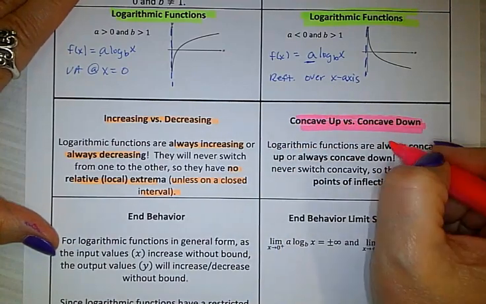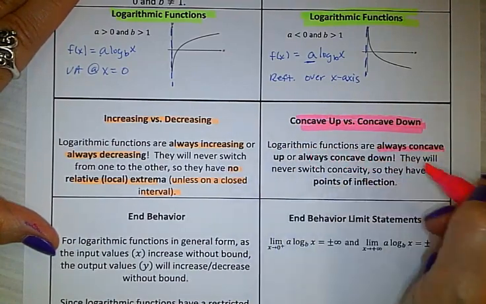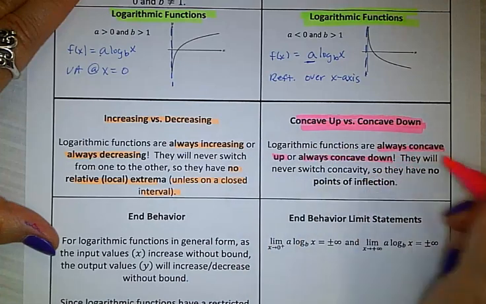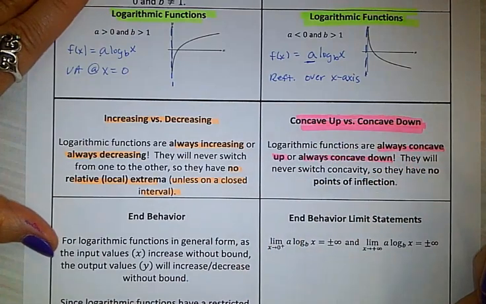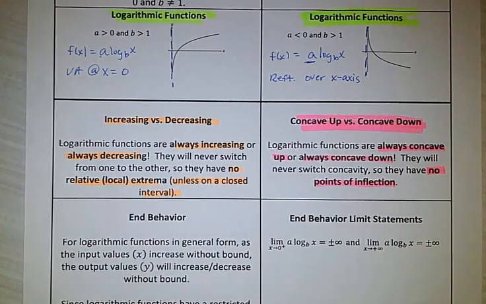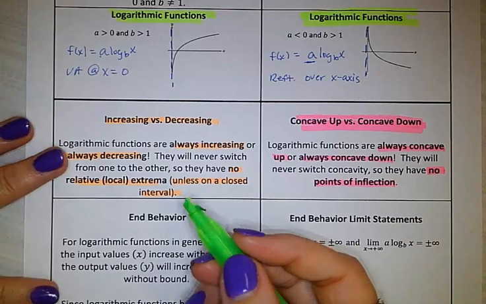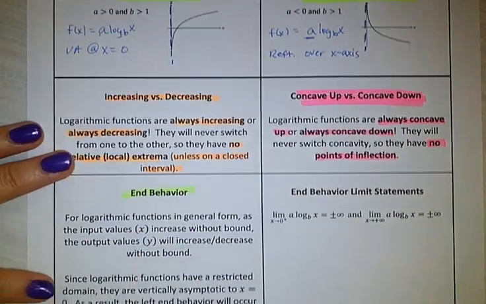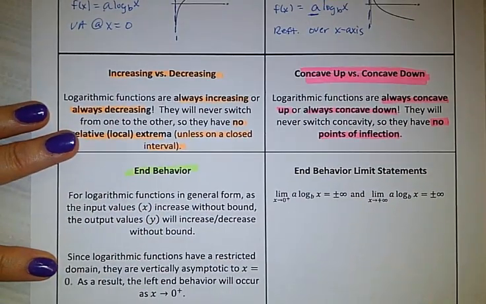Logarithmic functions are always concave up or always concave down, never both, and they have no point of inflection.